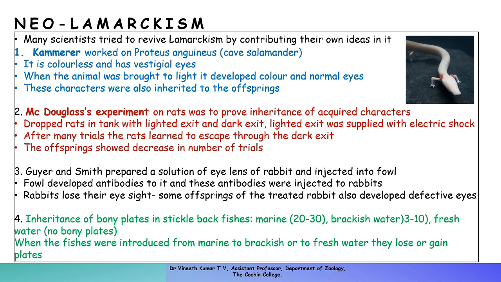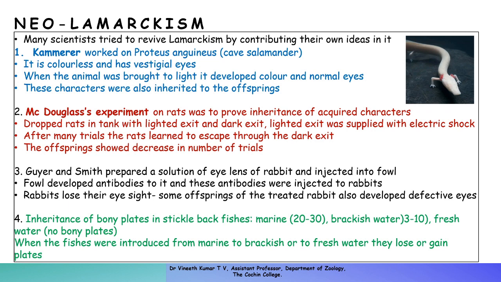What Kramer did was take this salamander from the cave and put it in normal conditions in the lab, where it was grown. After a period of time, the salamander, which was an albino, developed the normal color of its terrestrial counterpart, and it also developed vision.